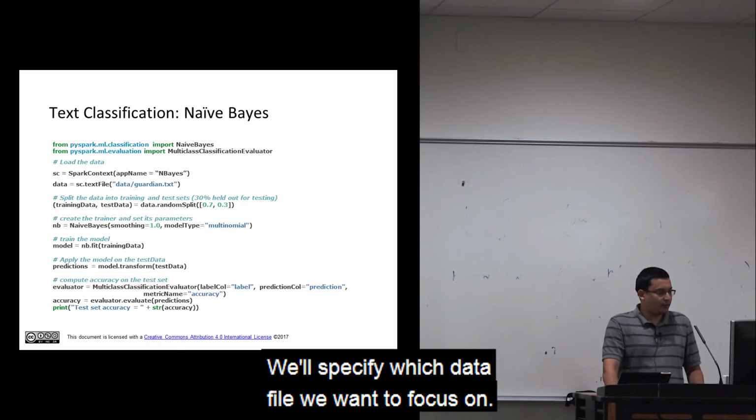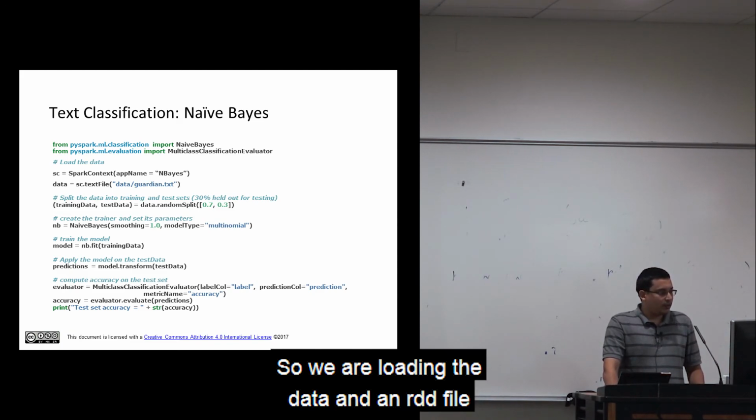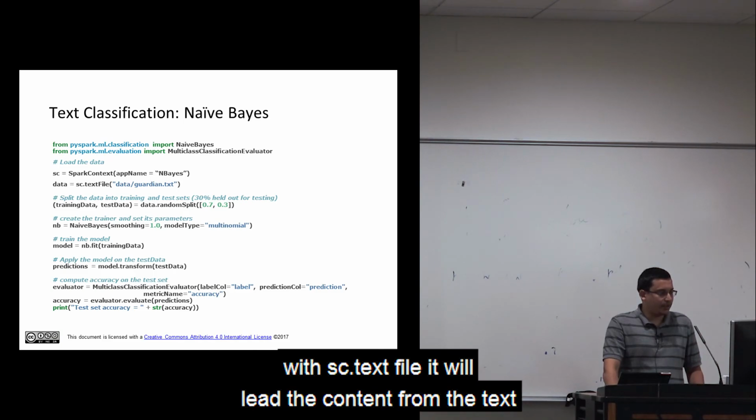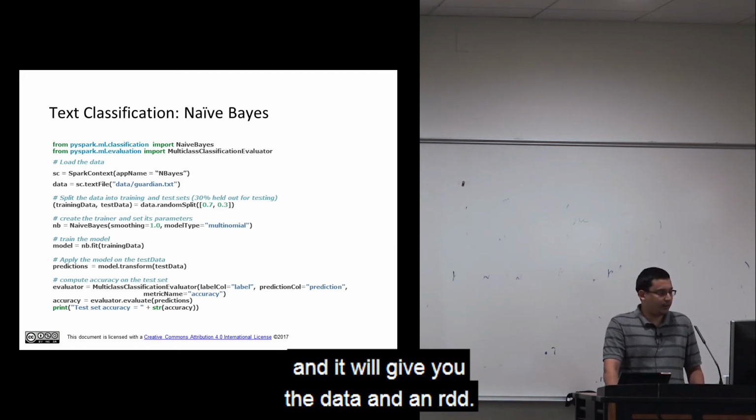We will specify which data file we want to focus on. This is our training plus test data. We are loading the data as an RDD with sc.textFile. It will read the content from the text and give you the data as an RDD.